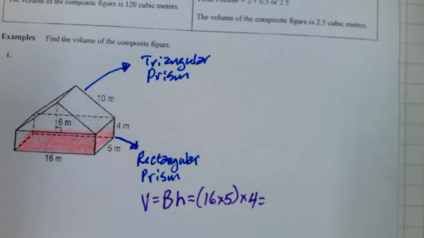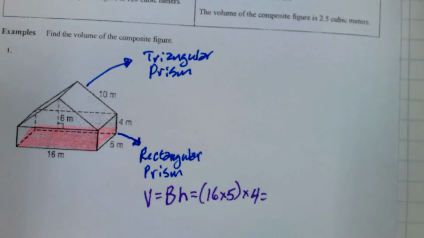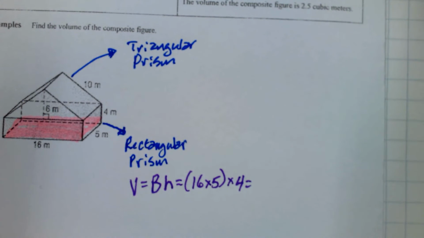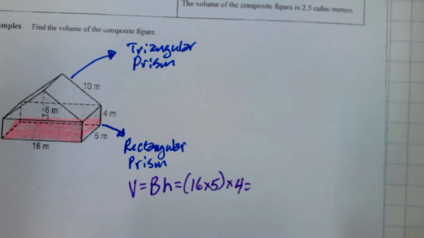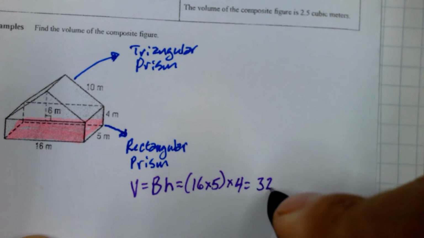So let's all do that. We all have calculators, right? It's calculator time. 16 times 5 times 4. Let's figure out what that is. 320.